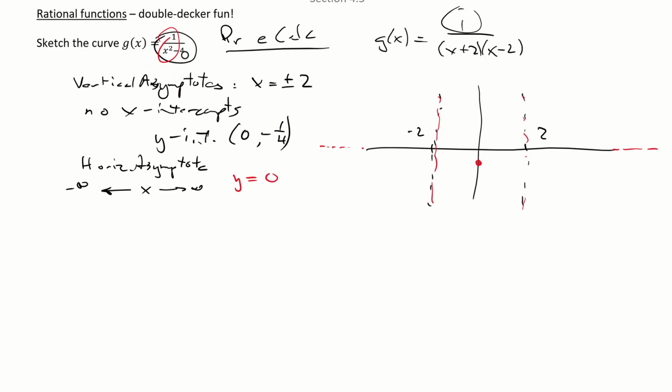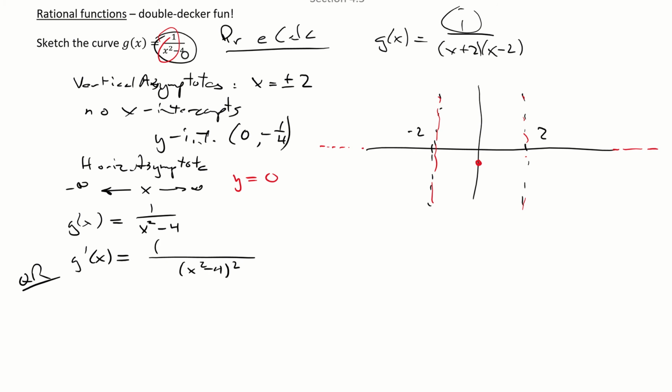We're going to take this guy and we're going to derive it. So let's see what we have. First of all, g of x is given to us to be 1 over x squared minus 4. So let's go for g prime. G prime of x. Yeah, right, you've got to do the quotient rule. So the quotient rule says, you know what it says. You're going to take this guy. This is the way I do it every time.